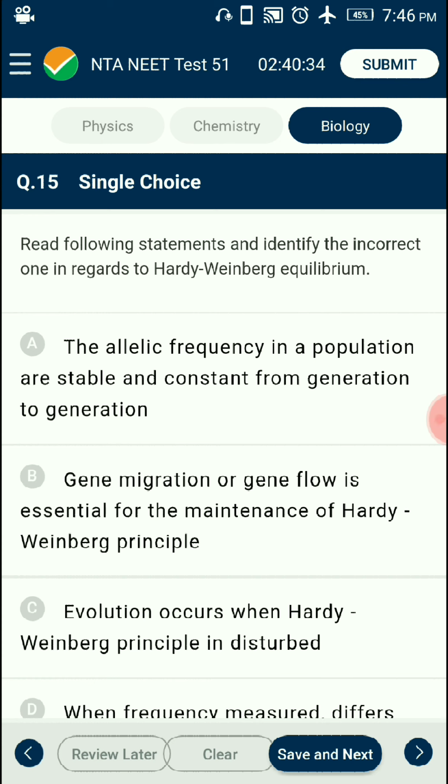Gene migration is the movement of individuals out of a population or into it, causing change in the gene pool, thus breaking the equilibrium. Gene flow does not help in maintaining the equilibrium. So the answer is option B. Gene migration or gene flow is essential for maintenance of the Hardy-Weinberg principle. That is the incorrect one in regard to Hardy-Weinberg equilibrium.